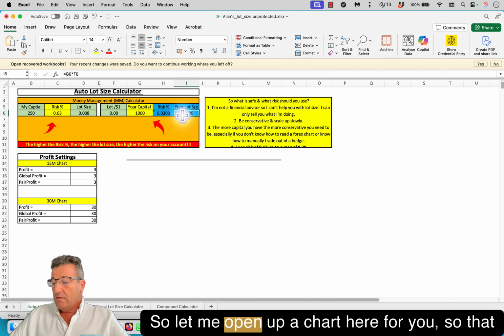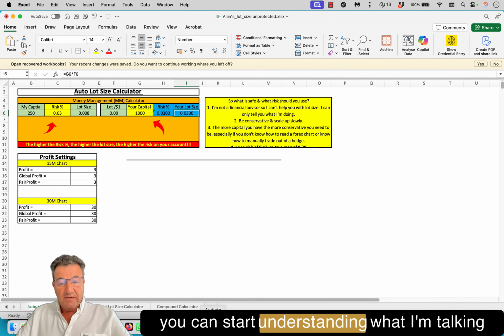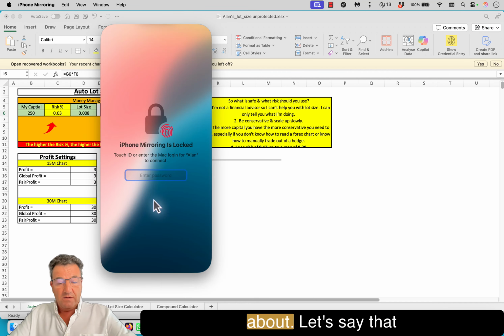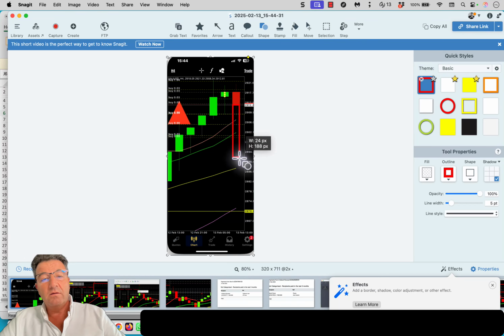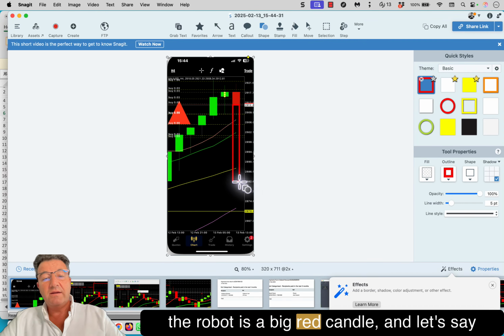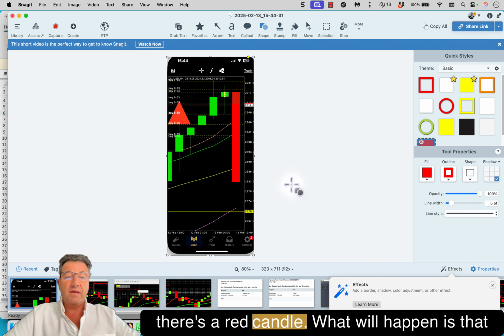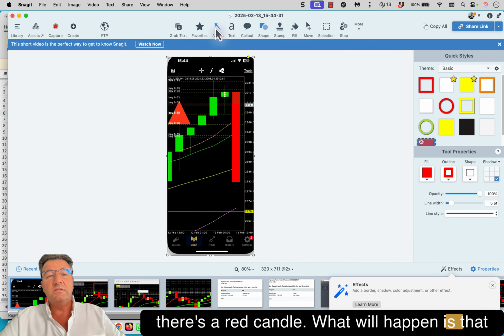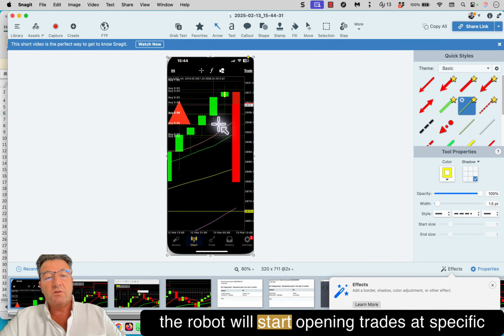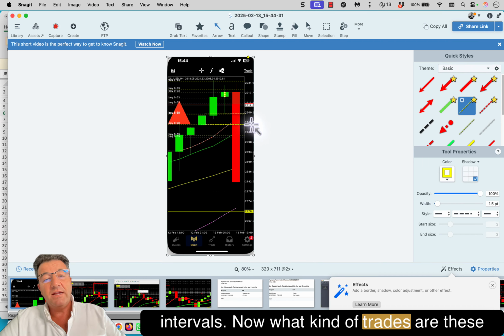So let me open up a chart here for you so that you can start understanding what I'm talking about. Let's say there's a big red candle. What will happen is that the robot will start opening trades at specific intervals. Now, what kind of trades are these going to be?